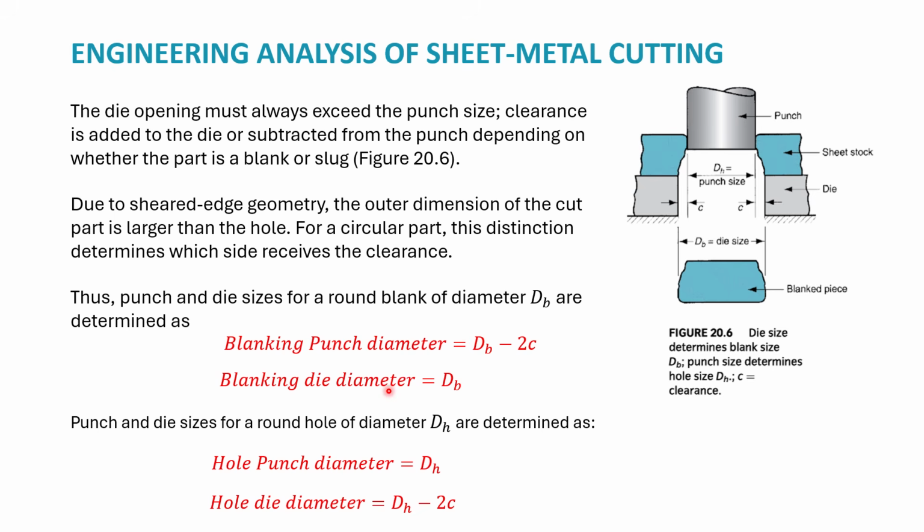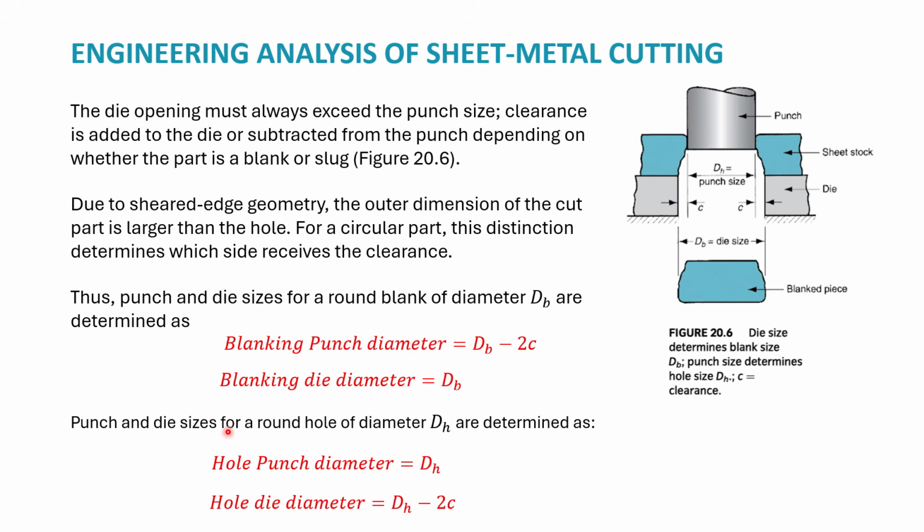The blanking die diameter is equal to DB. So that's the die, and that's the punch. The diameter of the punch is equal to DB minus 2 clearance. You can find clearance on each side.